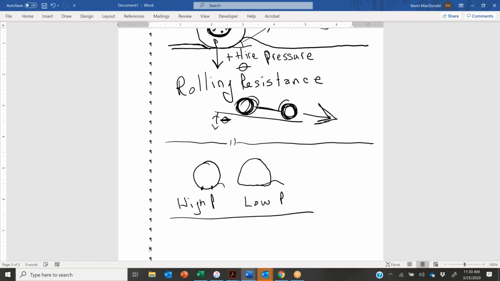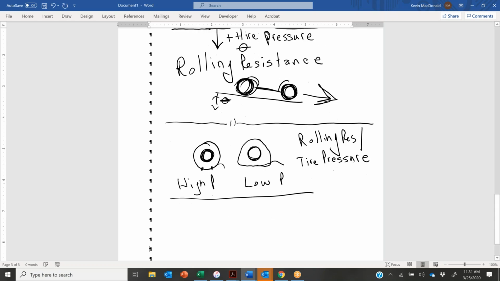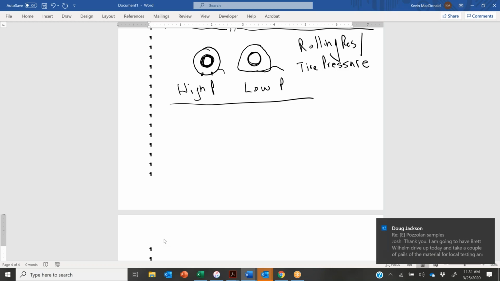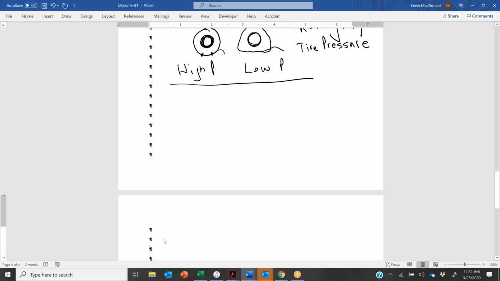And so the ability to determine how the vehicle is going to perform is a function of changing its rolling resistance and the tire pressure. And most of the vehicles that we would think about that are operating on construction sites, operating on unmetalled or unpaved roadways, are going to interact a great deal with the soil.